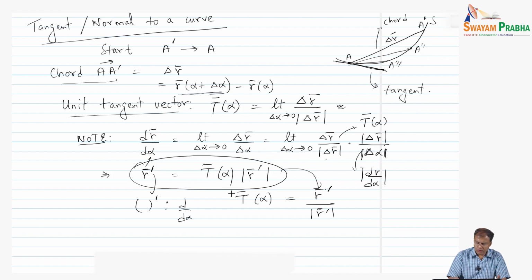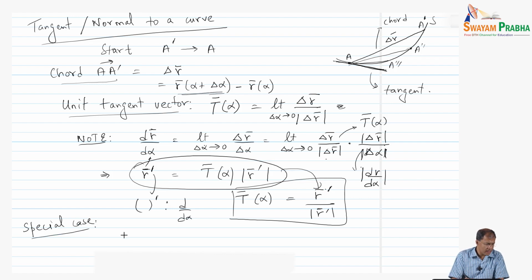So that's the formula for the tangent, and from here we can derive the special case when our parameter alpha is the arc length of the curve. So this is the special case.